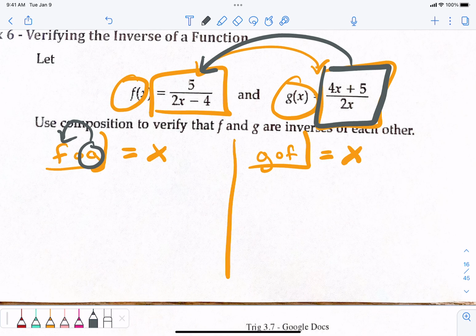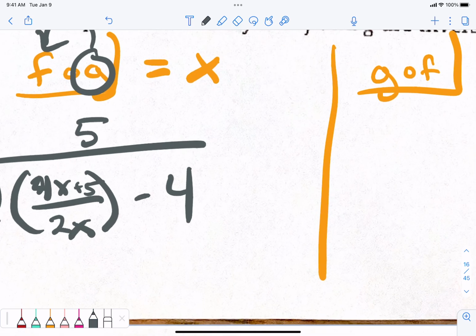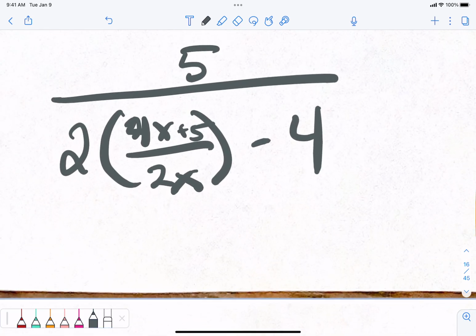Stick g into f. So 5 over 2x minus 4, right? And this will be, oh boy, 4x plus 5 over 2x. Oh, what a mess. Can we multiply the twos through everything?